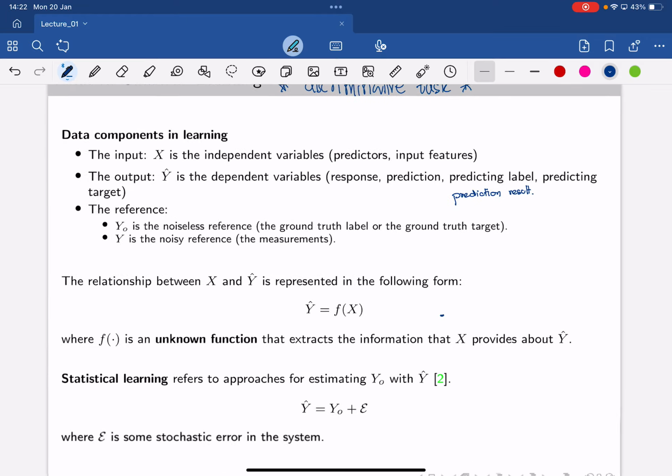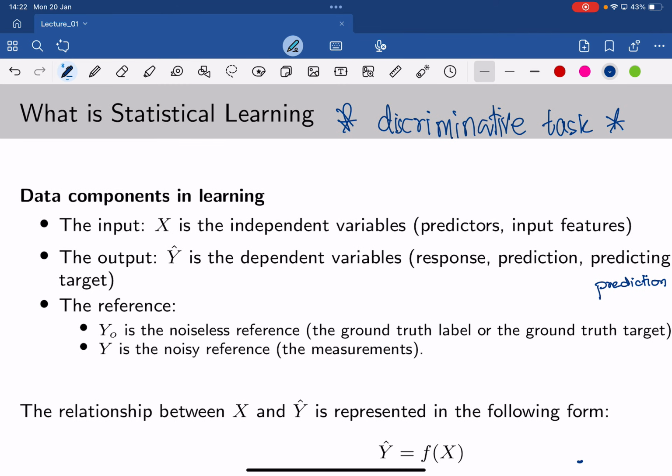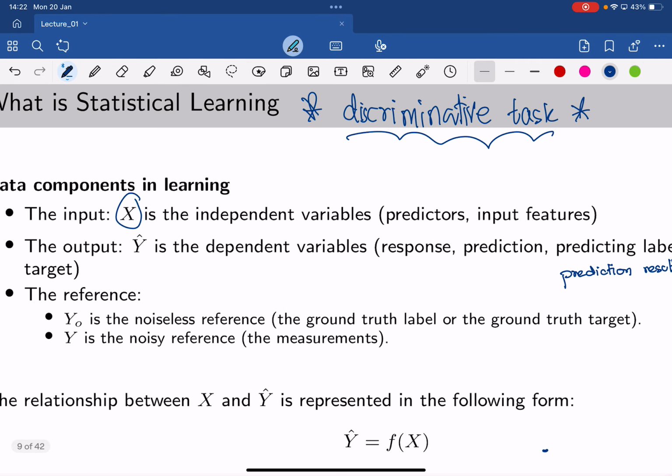Yep. So yes, in statistical learning, because we are talking about discriminative tasks, usually our input, sometimes we will refer to it as independent variable. This input will be called input features in our lecture.